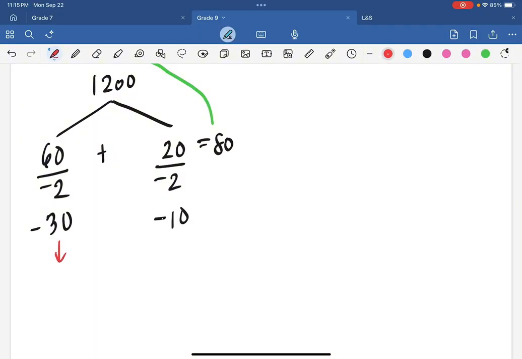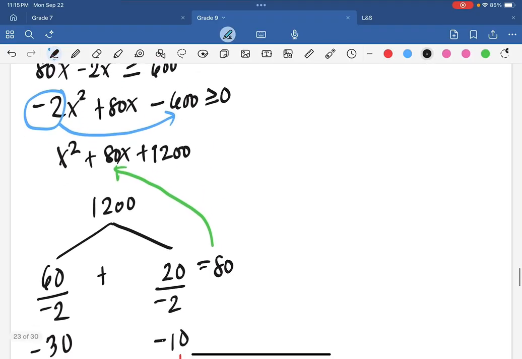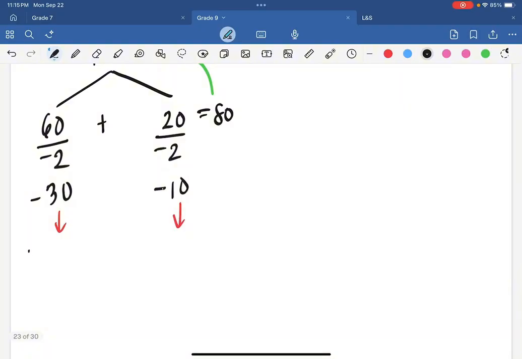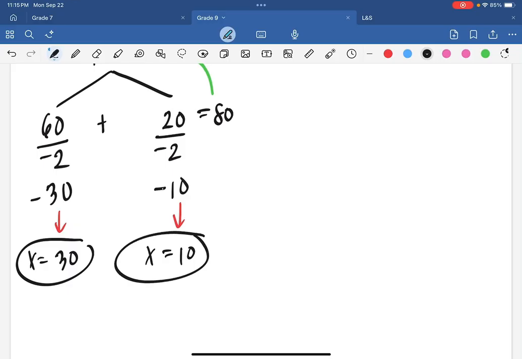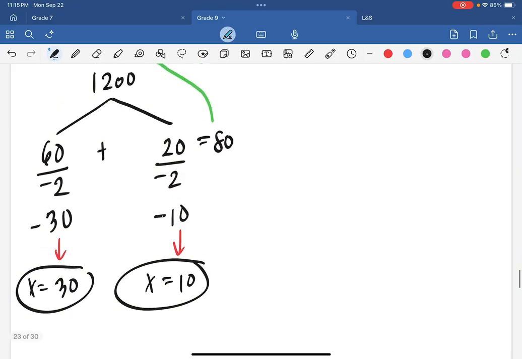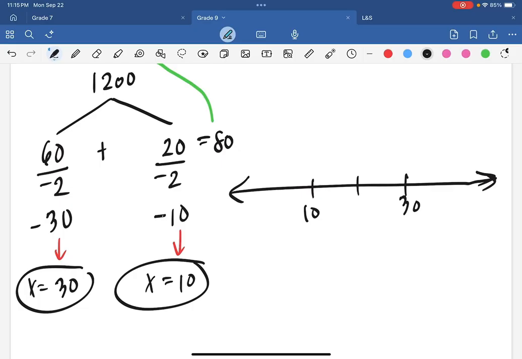Doing the lazy method for the values of x, negative 30 will become positive, same thing with the negative 10. So here are our critical values. In the number line, we could have it like this: 10, 30, and let's have one number in between, so 20, and one number after, 40, and one number before, let's use 0.